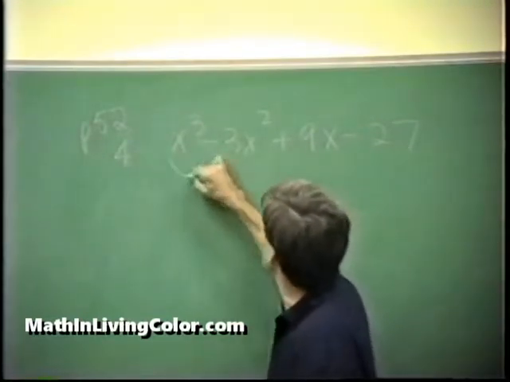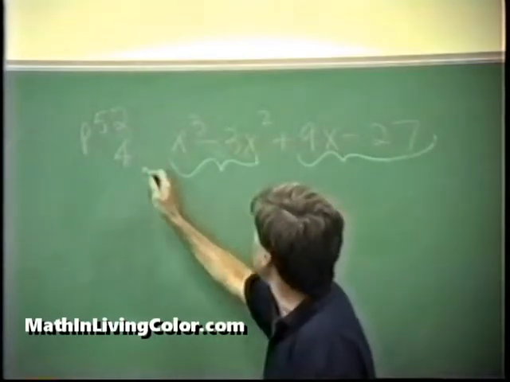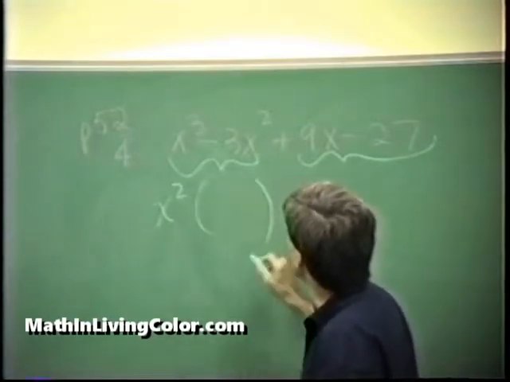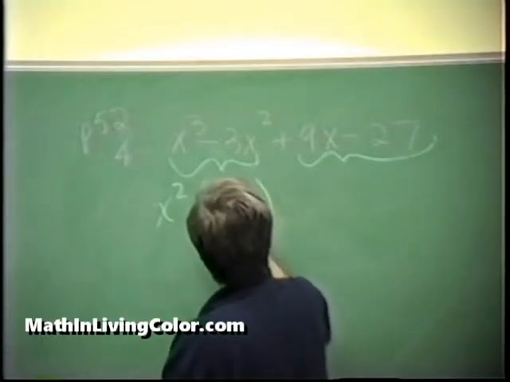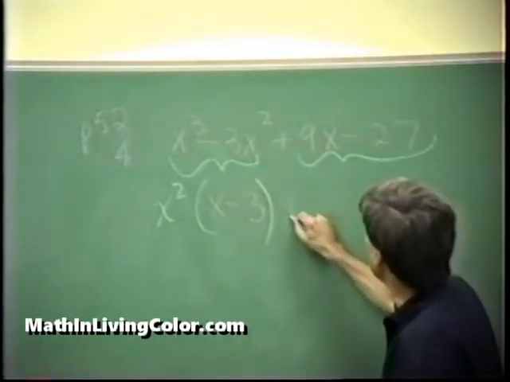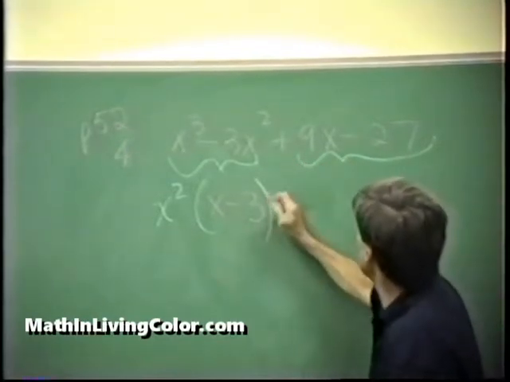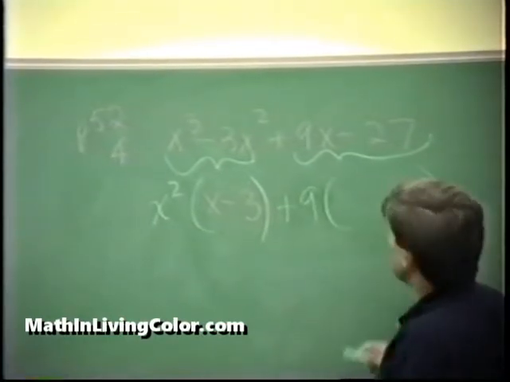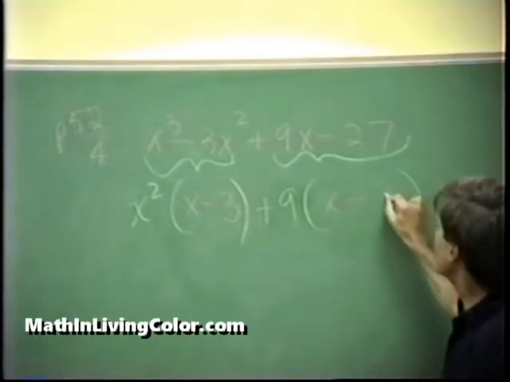So let's group the first two and the last two and take out from the first two the common factor, which would be what? x squared. And what's left in the parentheses? x minus 3. Okay? And then from the next two, let's take out the common factor, which is 9. Plus 9. And then what's left in the parentheses when I take out the 9? x minus 3.